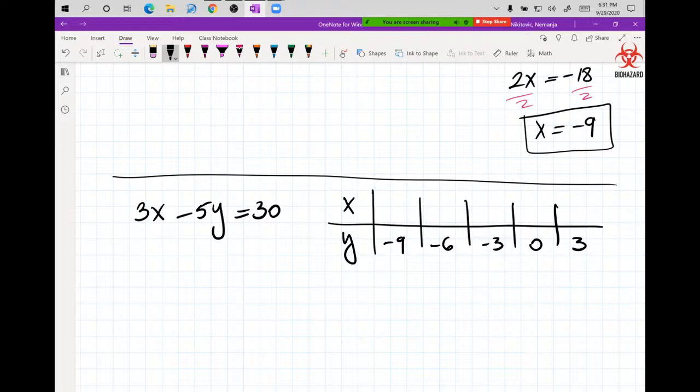If you are done with the first number, just let me know whenever you have a value. -5. Yes, I did this on the side, and I also have -5.